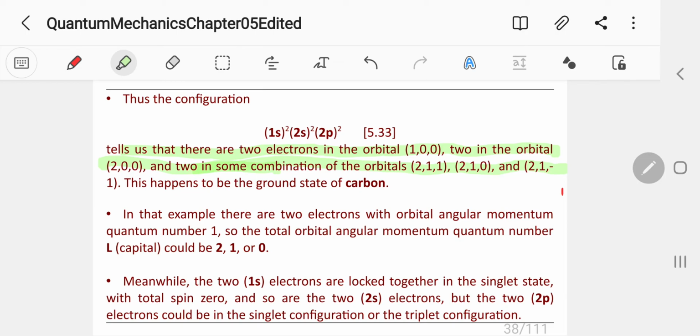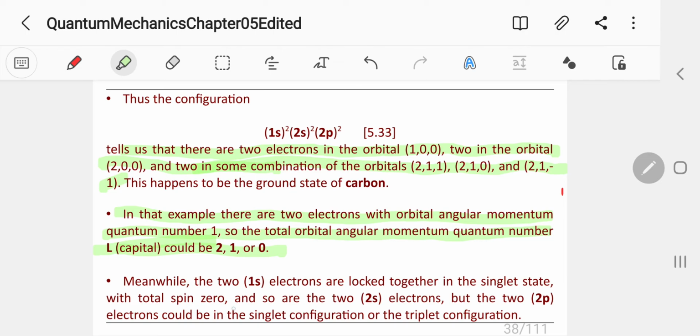And as I've said, this is the ground state of a carbon atom. There are 2 electrons with orbital angular momentum quantum number 1, so the total angular momentum quantum number L could be 2, 1, or 0.